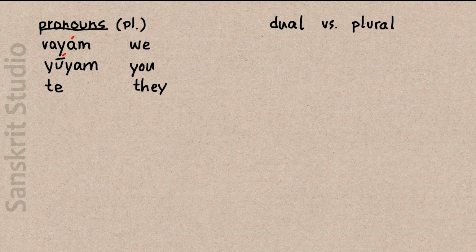But just like in English, we also have other forms of a word. So if I say, for instance, we, that's not the only word that represents our group. We can also say our, for instance, and we can say us.